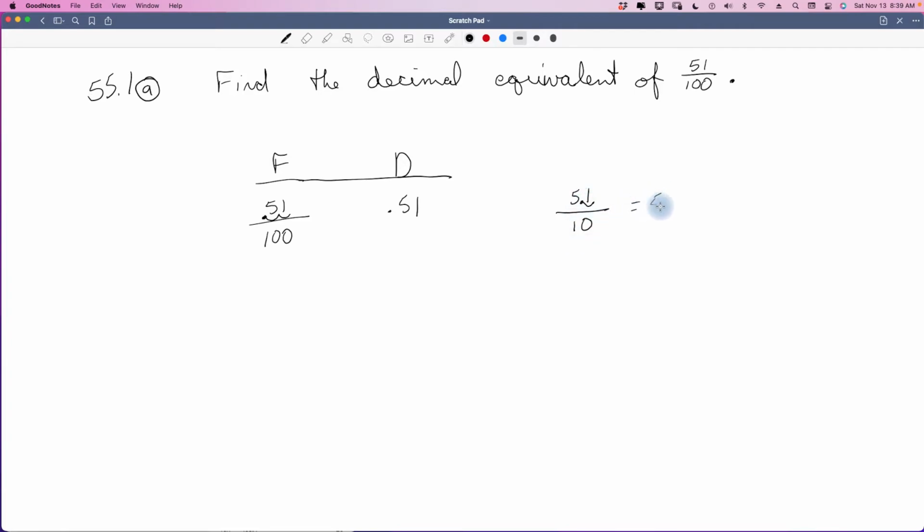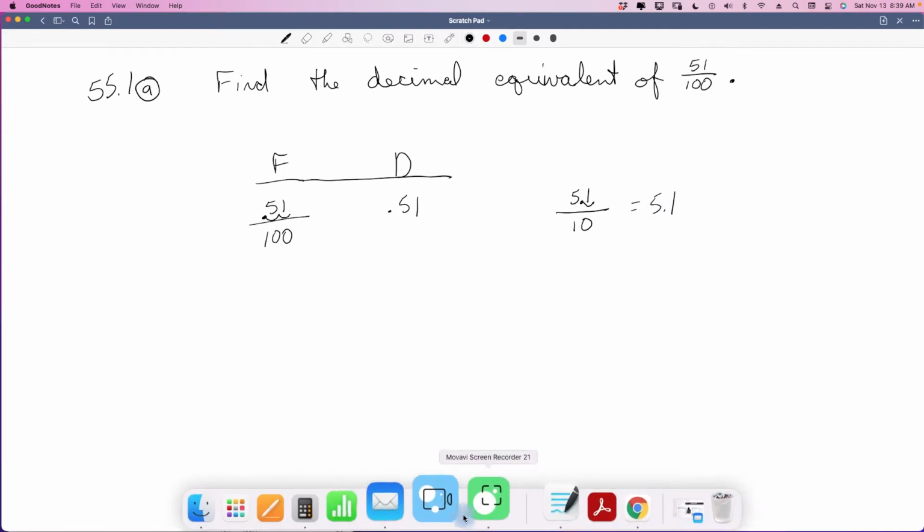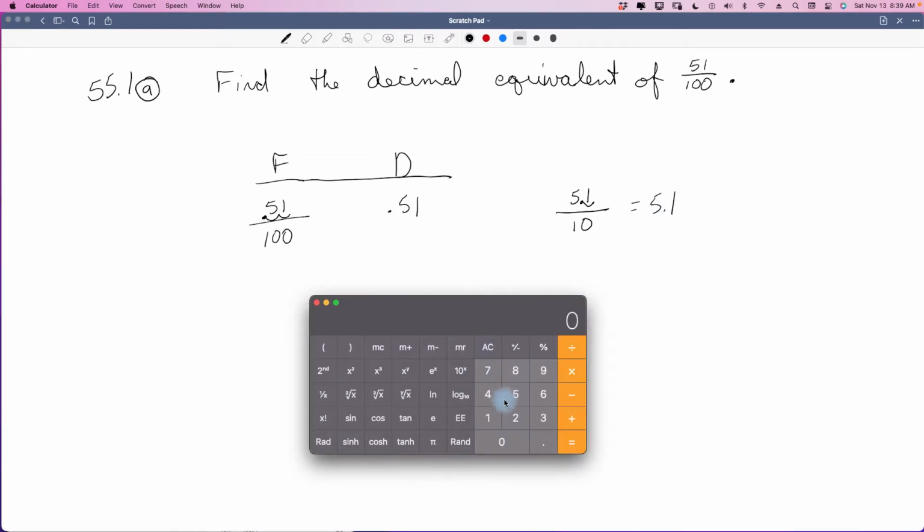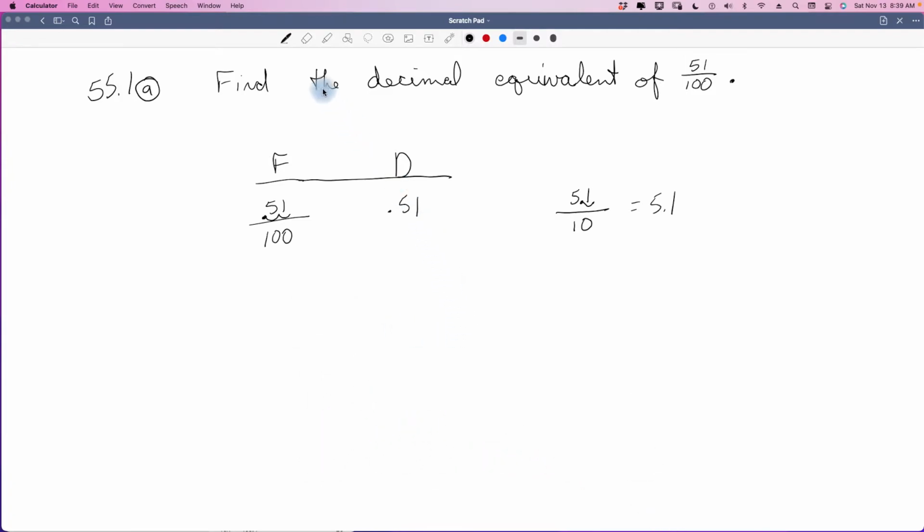Then that would be 5.1. You want to check it and see? 51 divided by 10 is 5.1. Same answer. You don't even have to use the calculator for things like this. If you're dividing by 100, you just move that decimal place 2 spaces to the left and turn it into the correct decimal number.